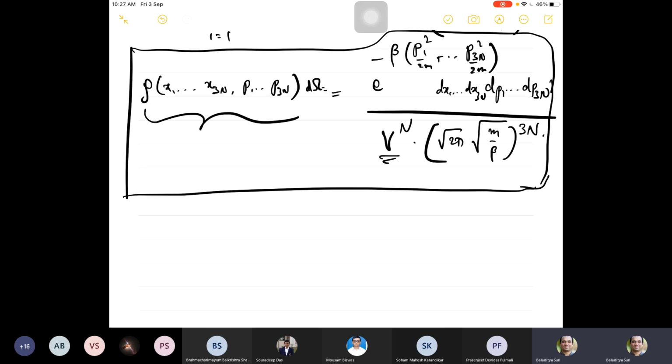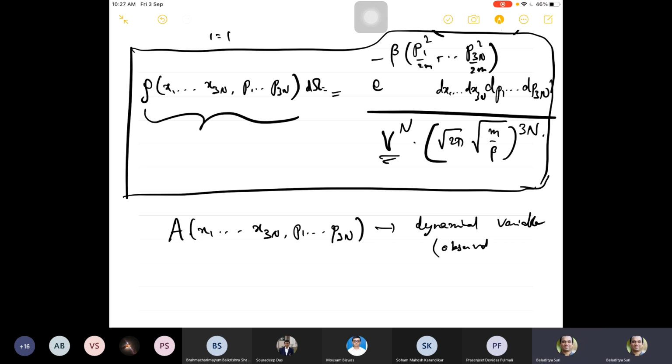The average value. Let us say there is a quantity A, which again depends on x1 to x3n and p1 to p3n. Usually any quantity that depends on the coordinates and momenta of a particular system is a dynamical variable for that system or a physical observable, like energy, angular momentum.